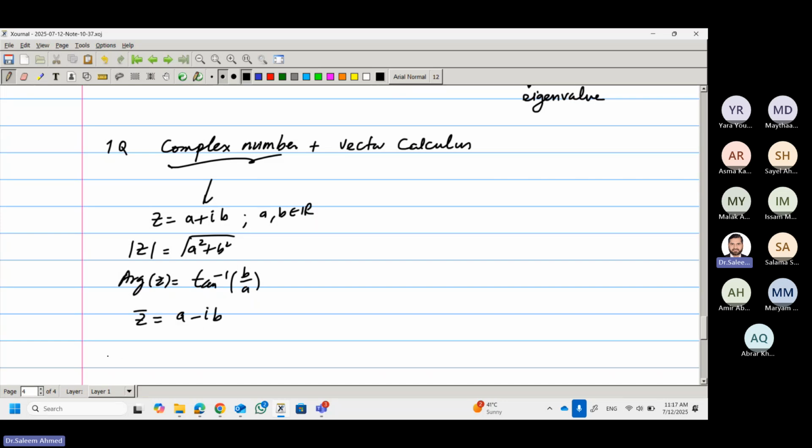You should know the polar form of z, which is z equals r times cos theta plus iota sine theta, where r is the modulus and theta is the argument. If you can find r and theta, you can just put them here to get the polar form of z.